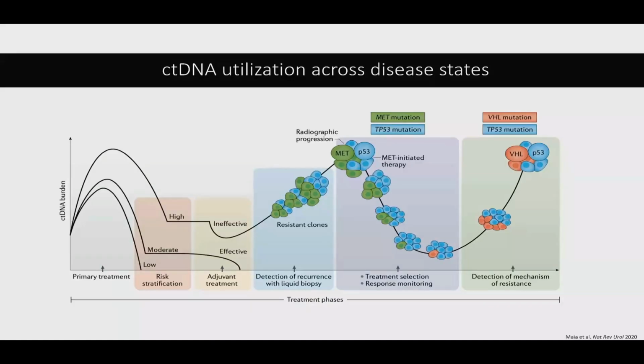After adjuvant treatment, ctDNA can be used as a tool for early detection before radiographic progression is obvious on conventional imaging. And finally, in the metastatic setting, ctDNA could also be used for detection of treatment-resistant clones, targeted therapy selection, and treatment response.